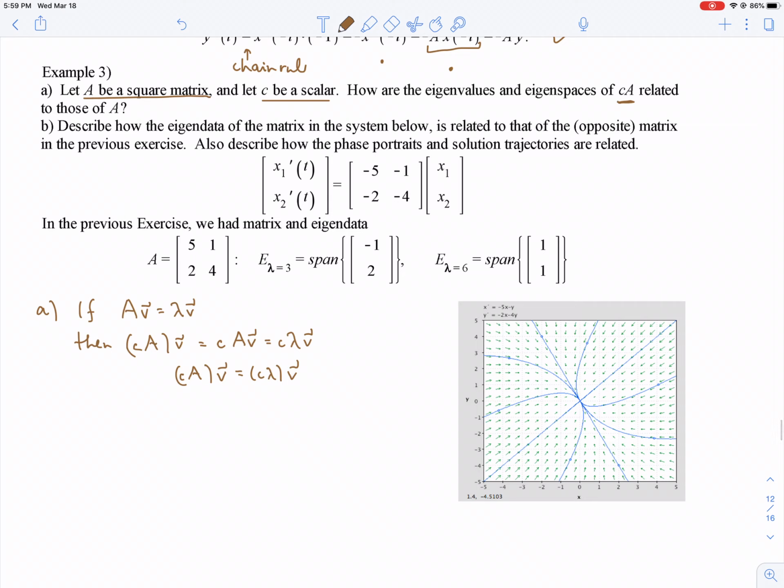So if you multiply the matrix A by the scalar C, then the eigenvectors stay the same. V was an eigenvector before, and it is now.